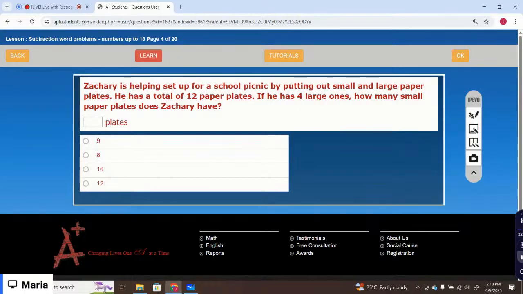Sachini is helping set up for a school picnic by putting out small and large paper plates. He has a total of 12 paper plates. If he has 4 large ones, how many small plates does Sachini have? So which is the correct option?